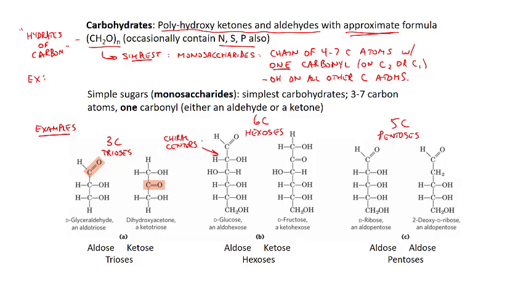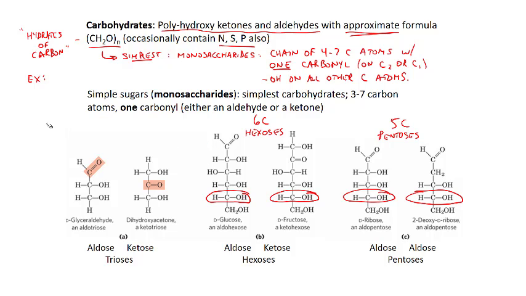And there's one chiral center in particular that we care about, and the reason we care about it is that in every sugar you're going to see, it's always the same. And that is the last chiral center from the carbonyl group. So this one is special in a certain way. So what's special about this chiral center?